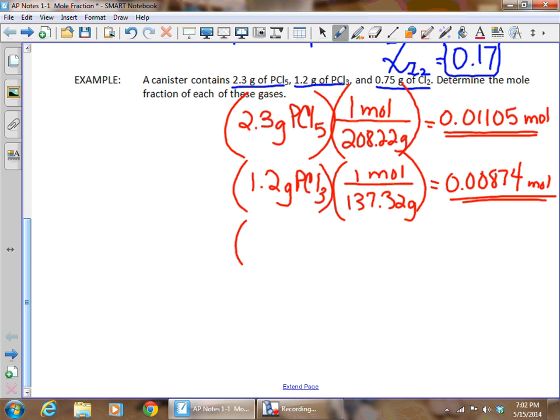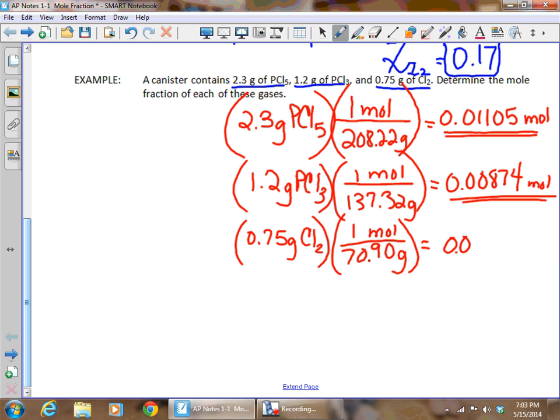We said we had 0.75 grams of chlorine. And if we add up chlorine, 1 mole equals 70.90 grams. And we have a value of 0.01058 moles of chlorine. So those are our mole values.